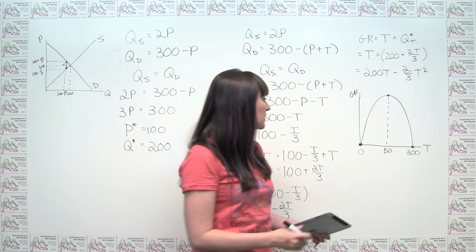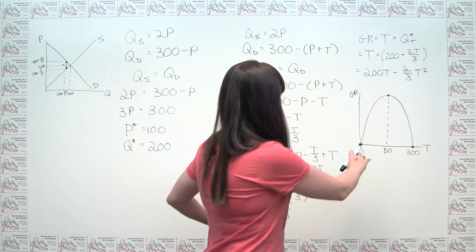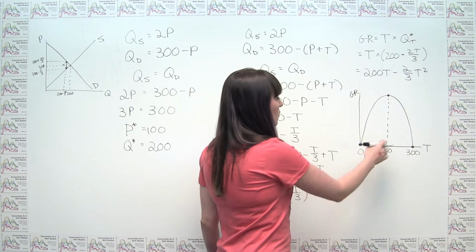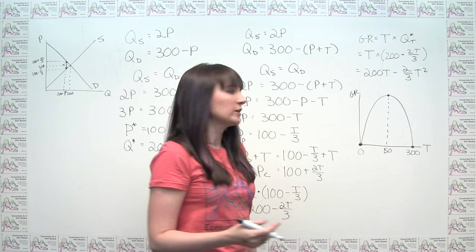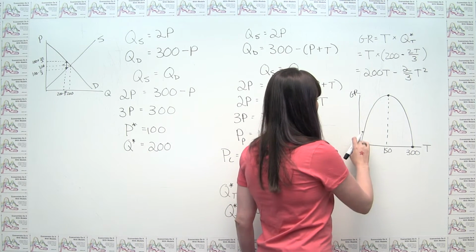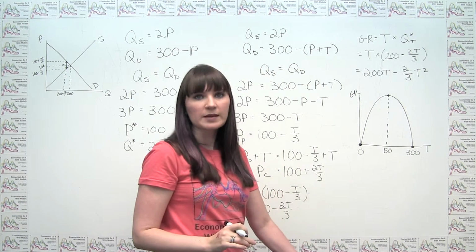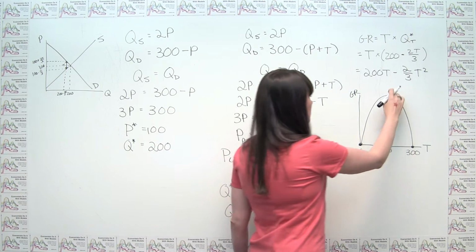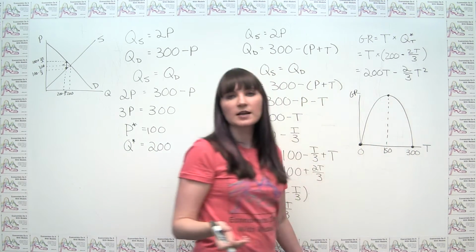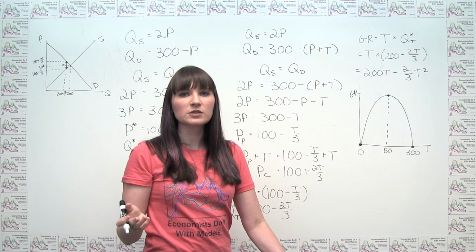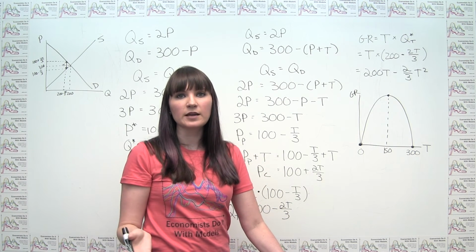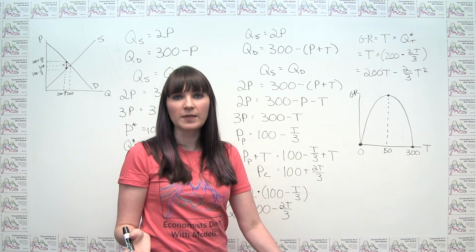Okay, hopefully you like that. But nonetheless, what we're seeing from this is that for a while, as we're increasing our tax rate, we're actually increasing the revenue that we're collecting from that tax. But there's going to be a certain point where increasing the tax rate further actually decreases rather than increases the revenue that was collected from that tax.